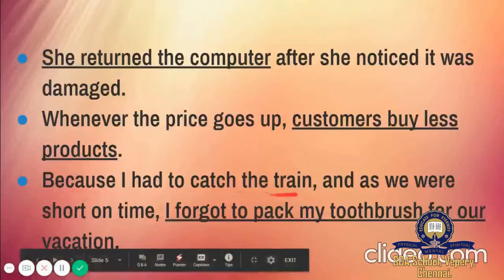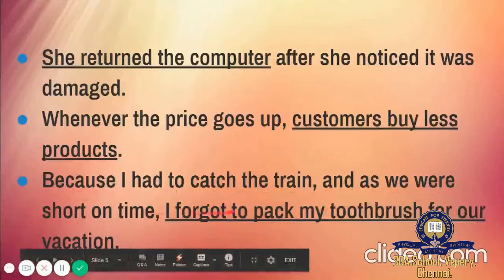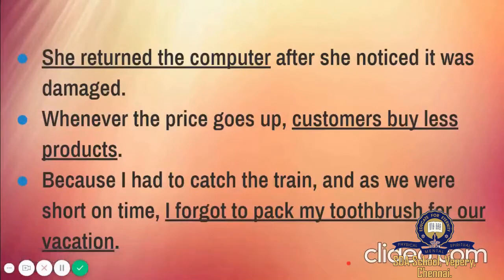Because I had to catch the train, and as we were short on time, I forgot to pack my toothbrush for our vacation. Here, I forgot to pack my toothbrush for our vacation is the main clause.